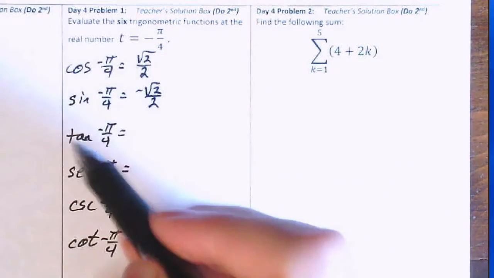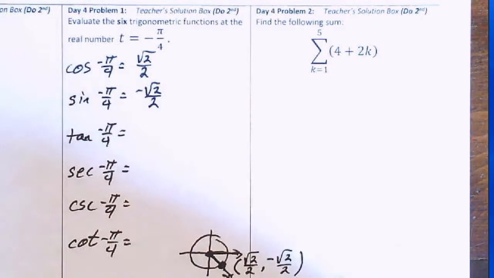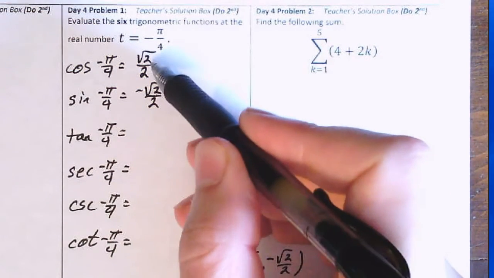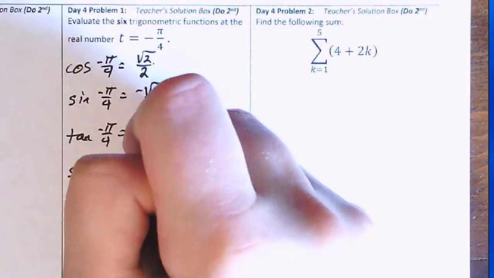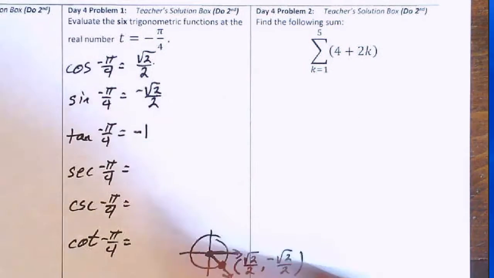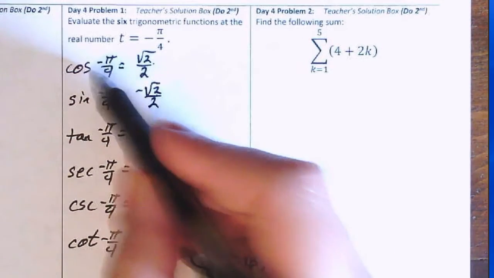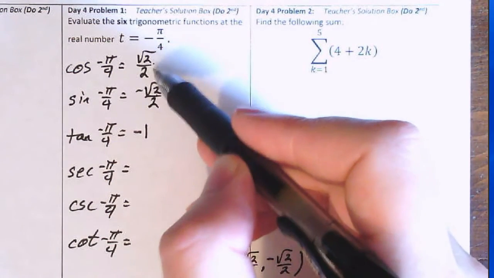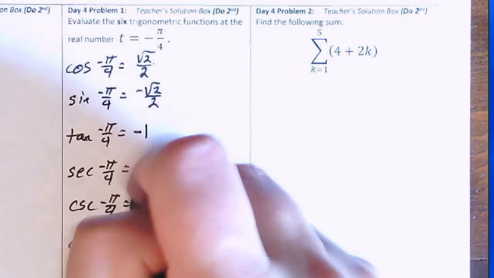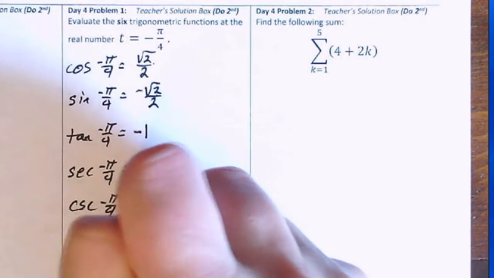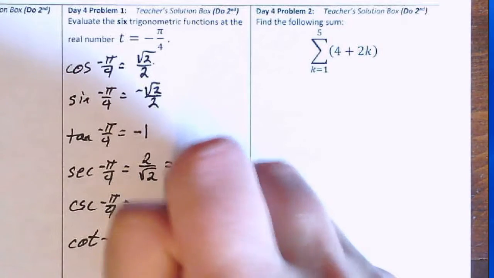Tangent, by definition, is sine divided by cosine. So this number divided by this number. That's going to create negative 1. Secant, by definition, is the reciprocal of cosine, so we can take the reciprocal of the square root of 2 over 2. And that's going to be 2 over the square root of 2, which makes the square root of 2.